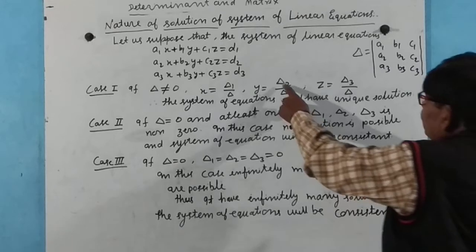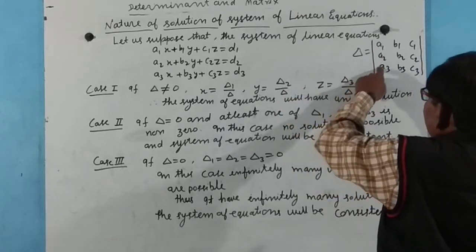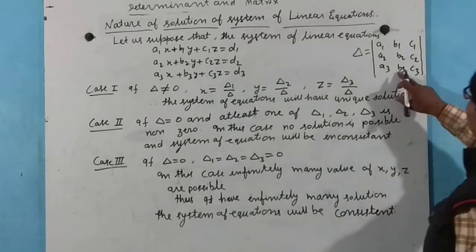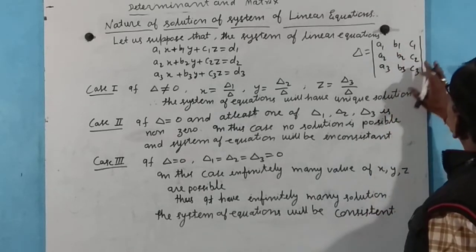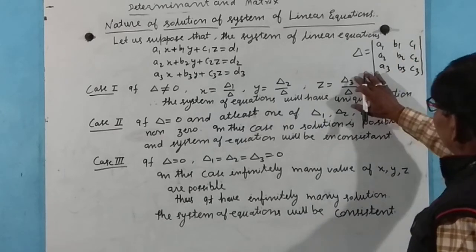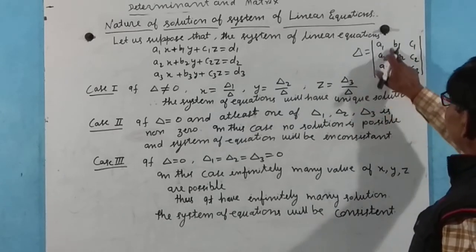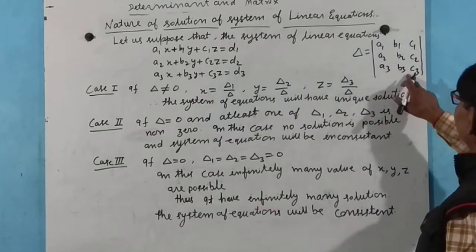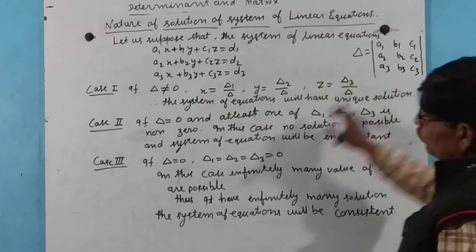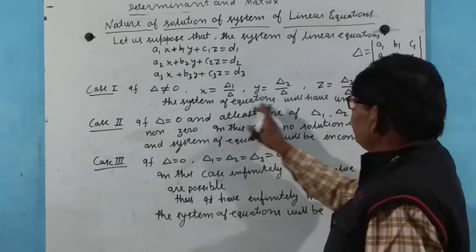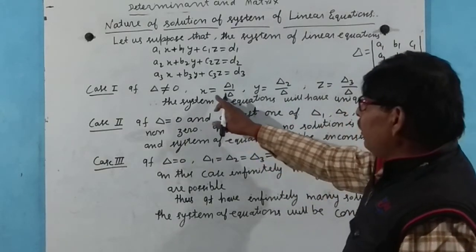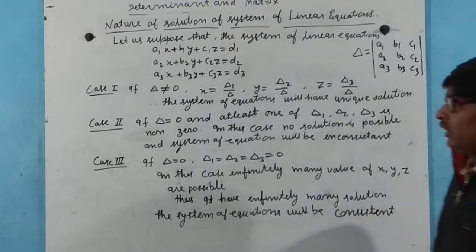Delta 2 will be a1, a2, a3, then d1, d2, d3, then c1, c2, c3. Delta 3 will be a1, a2, a3, b1, b2, b3, and d1, d2, d3. That determinant is equal to delta 3. So the system of equations will have a unique solution, and we can calculate the values of x, y, and z.